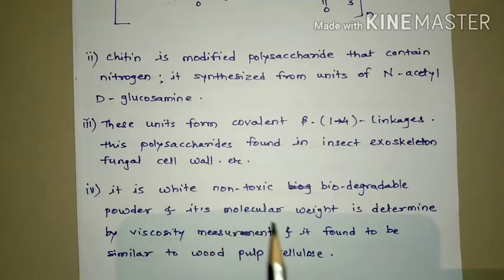After measurement of viscosity you can measure the molecular weight of chitin, and it is found to be similar to wood pulp cellulose. What is meant by wood pulp cellulose? Wood contains the liquid part, so it is called wood pulp cellulose, and this indicates the content of chitin present.